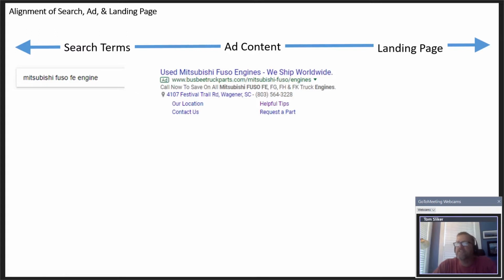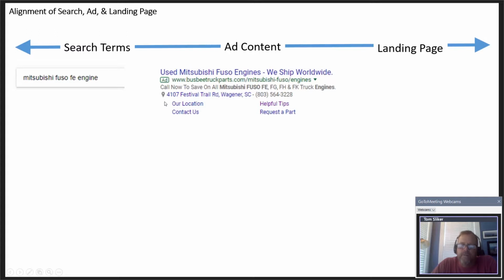In this case, somebody's looking for a Mitsubishi Fuso FE engine, and if you look at this advertisement, it has the keywords in the ad. You can see Mitsubishi Fuso and engine all in the title. If you look at the URL, the address, it also includes Mitsubishi Fuso and engines. The actual text there says call now, and it even has Mitsubishi Fuso FE. So it's a really good match here.